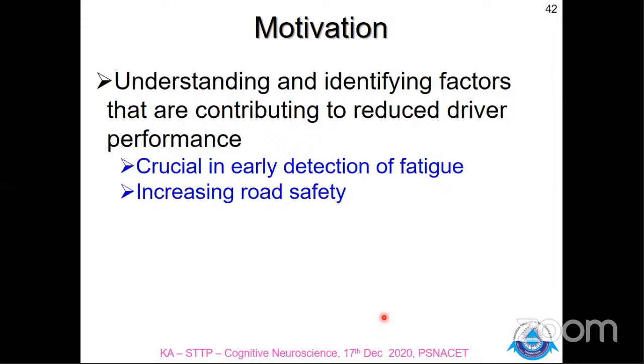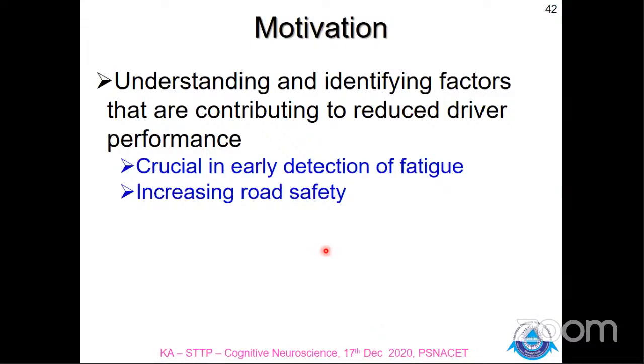But using a device, an electronic system, we can predict this fatigue at an early stage. We can find out the fatigue level early and give a warning signal to drivers. That is the point here: early detection of fatigue increases road safety.